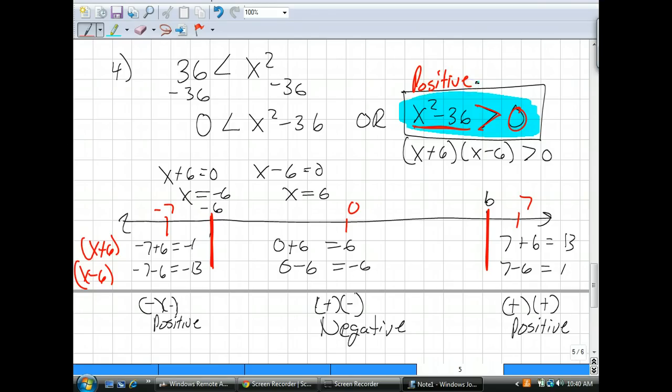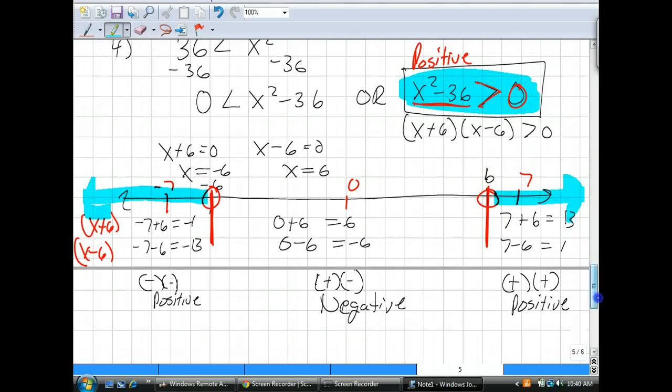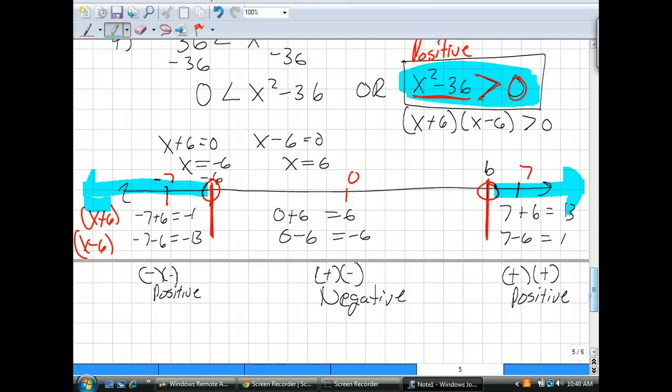So I come back and I look for the positive regions or intervals. So it's going to be here and that way forever, and here and that way forever. Okay, so now we have to read our graph.